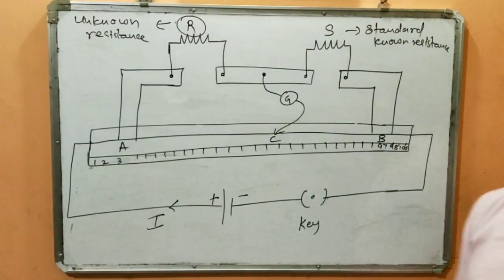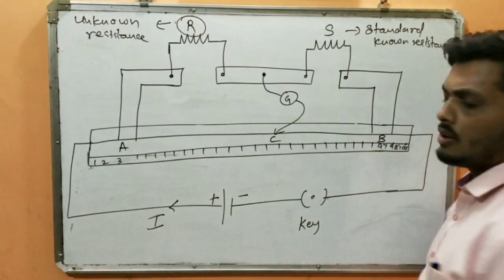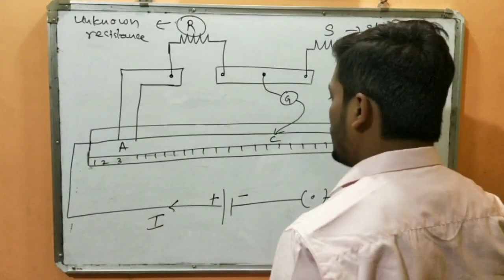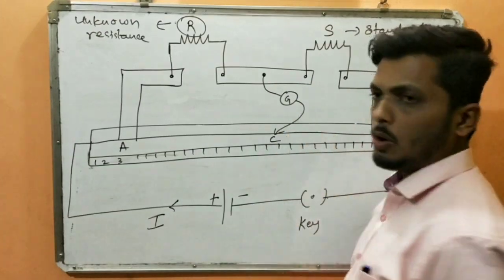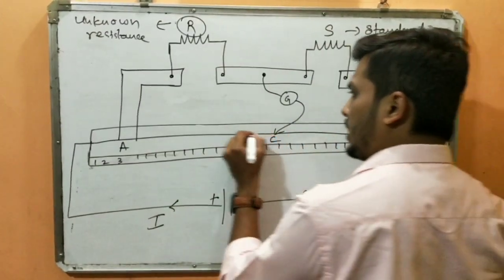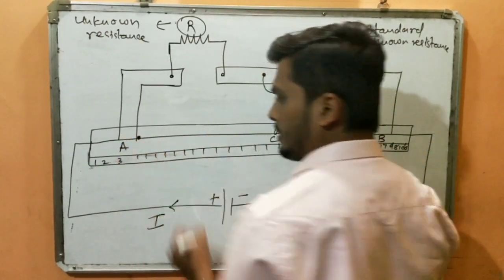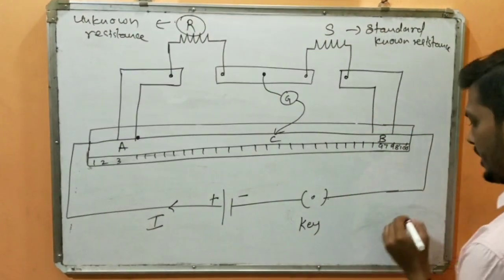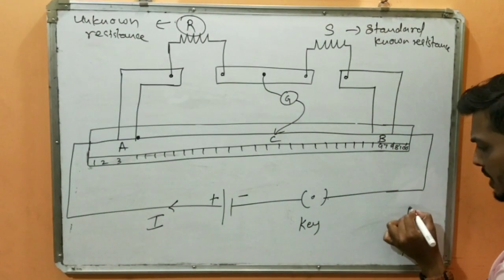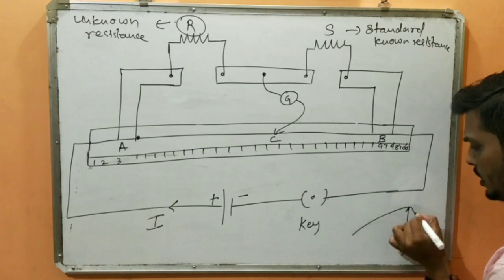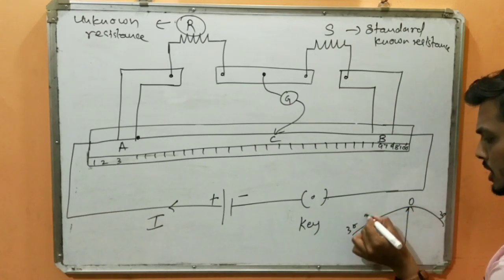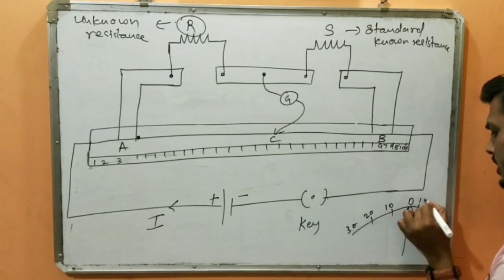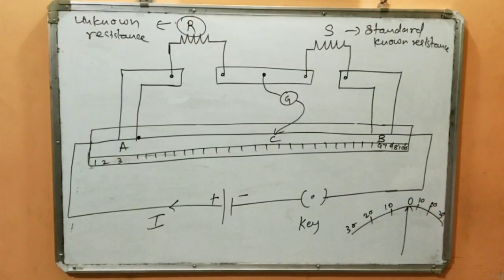Now once you turn on the battery, once you allow the current to flow, what is under your control is the sliding contact. You are going to take a jockey and place it here. What you will observe is, again imagine a galvanometer, this is the pointer, this is the 0, with 30 divisions on each side.